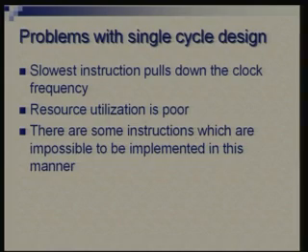We will see what we can do to improve things here, but let me just summarize now. What we observe is that the slowest instruction is pulling down the clock frequency, which would most likely be the load word instruction. The other thing, which is not directly obvious and which I have not pointed out so far, is that resource utilization is poor.